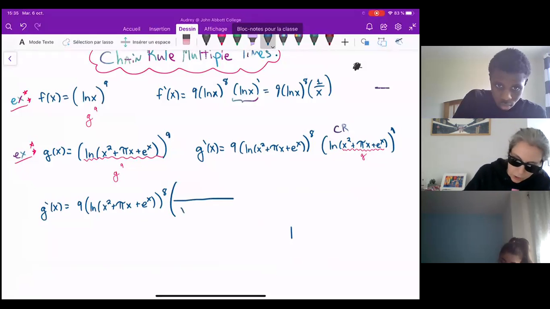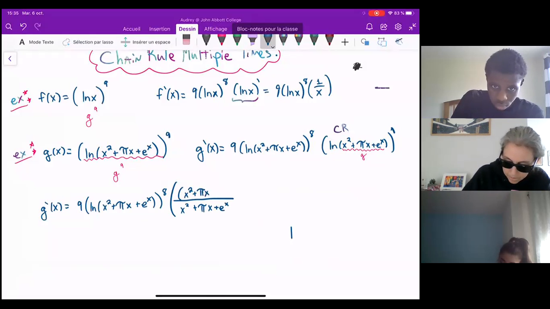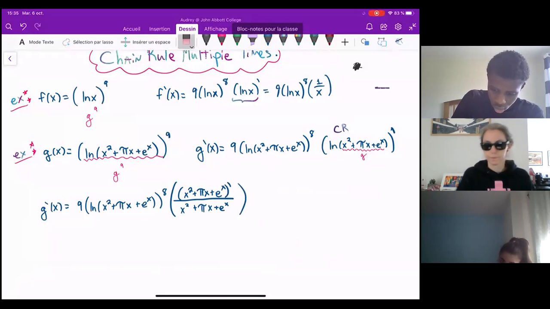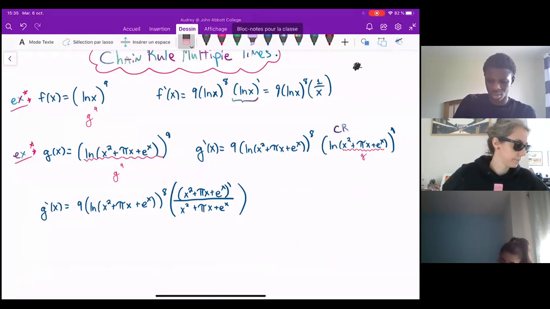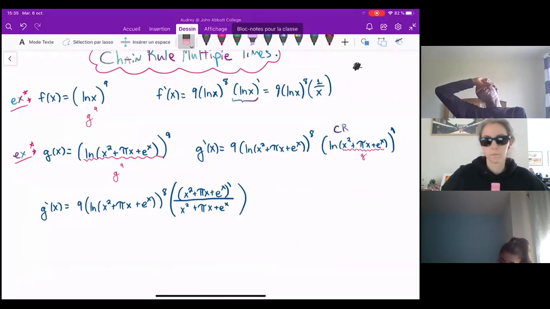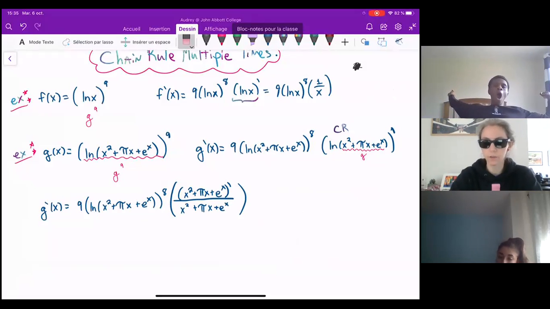For ln, it says to do g on the bottom and g prime on the top. Okay, so far so good. Are there any questions about what I've done so far?